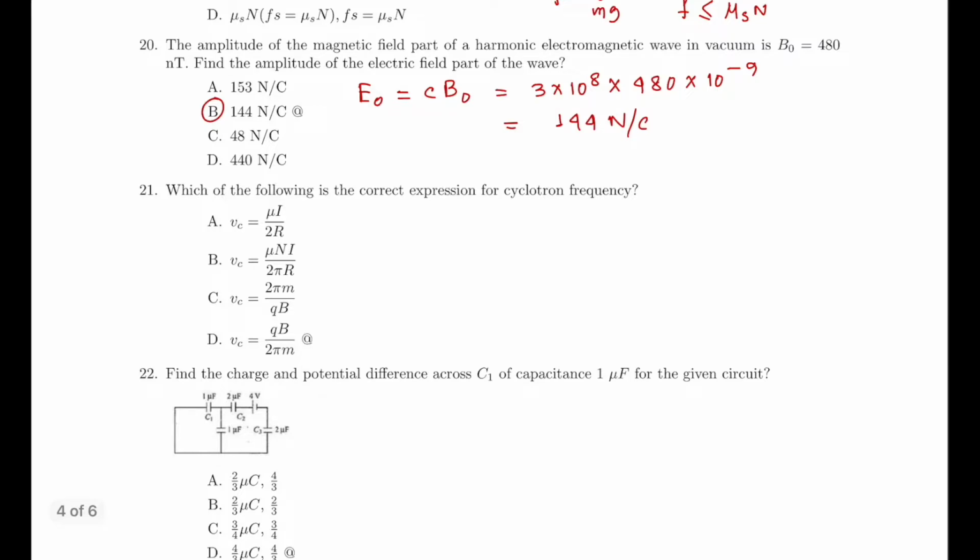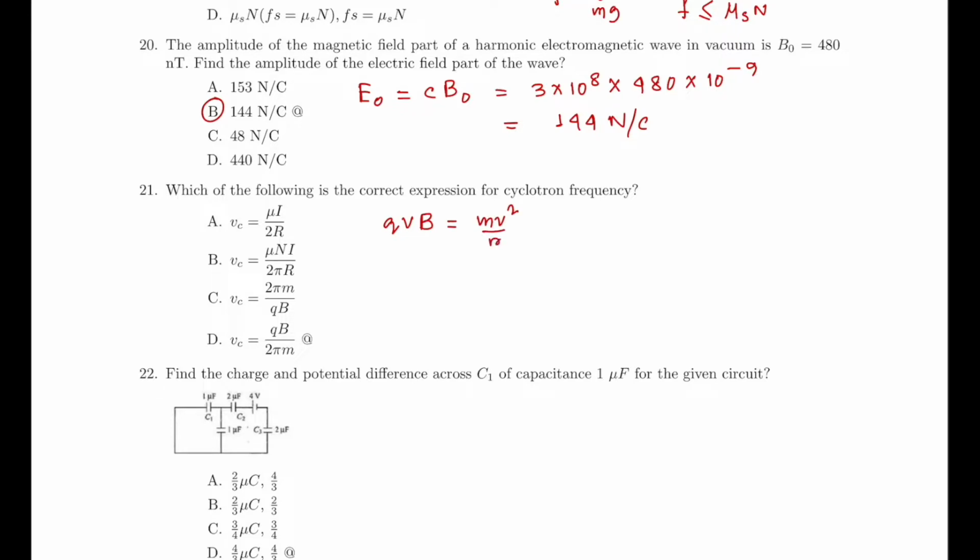21st problem says which of the following is the correct expression for cyclotron frequency. So as we know, the force on the charge because of the magnetic field is qvB, and that is equal to mv square by r, the centripetal force.